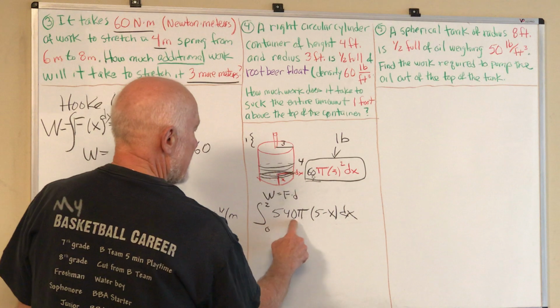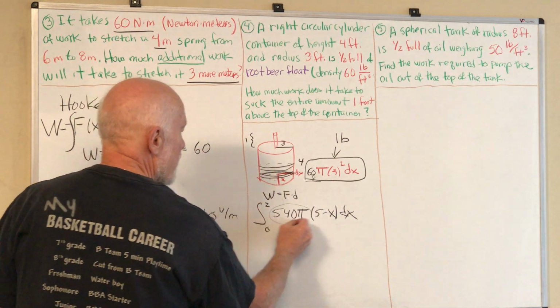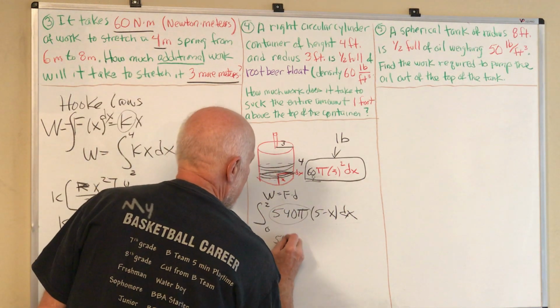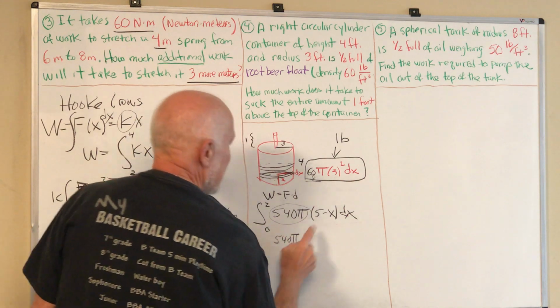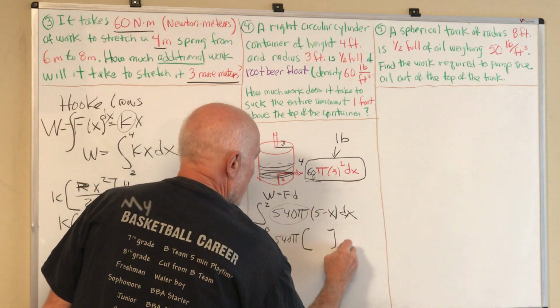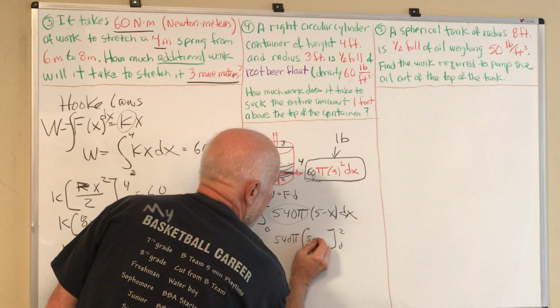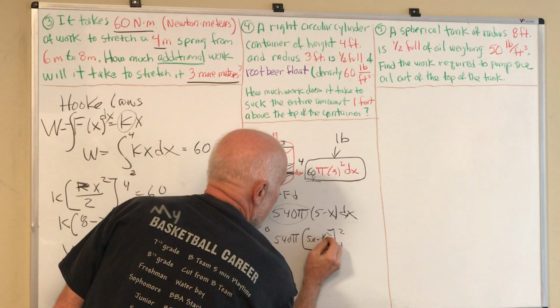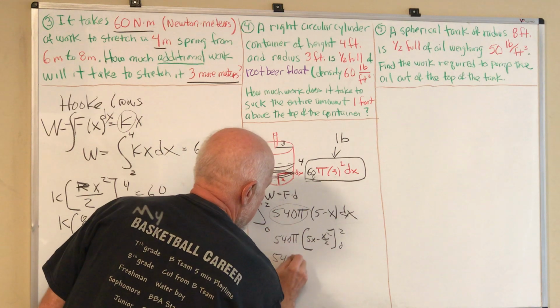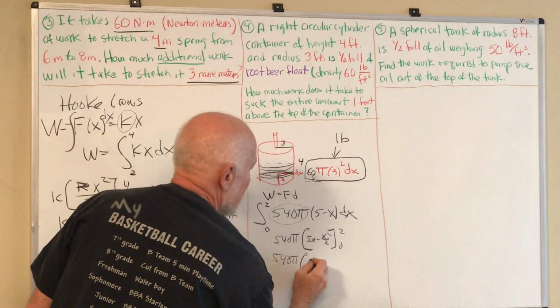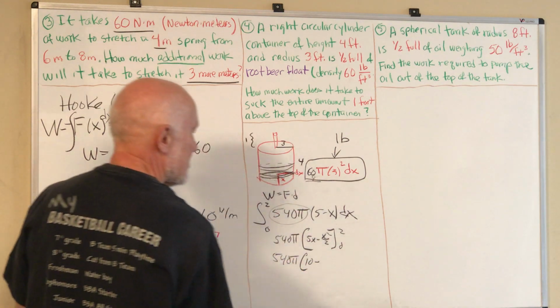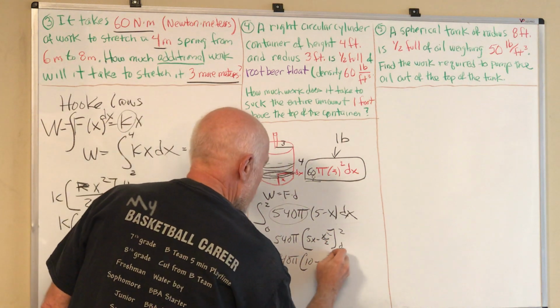So what can I do? I can bring this big 540 pi out front, and then I can just take the antiderivative of 5 minus x, which is 5x minus x squared over 2. So you get 10 minus 2, or 8.